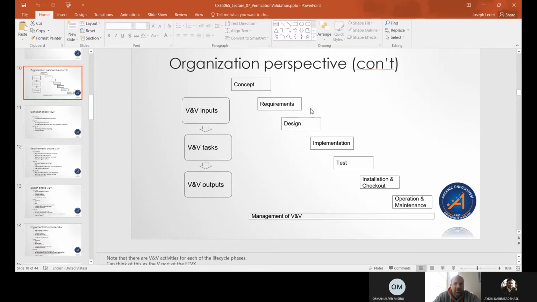Was it some problem that was way back here and we didn't hammer it out then? Is it some problem that was introduced in some of these middle phases? The idea is, if we do V and V tasks along the way, then we have a better chance of getting to the end with fewer problems.